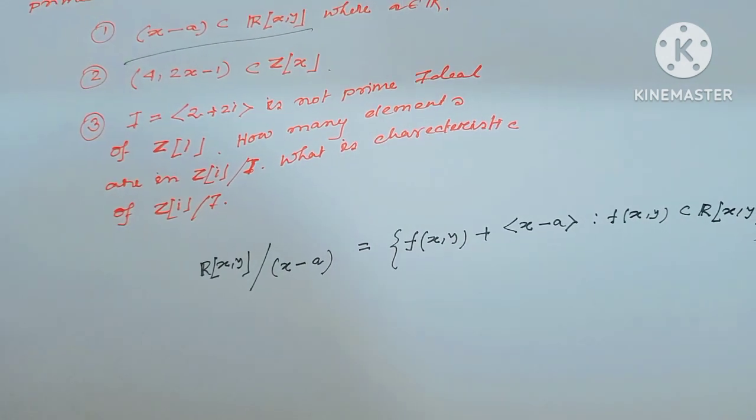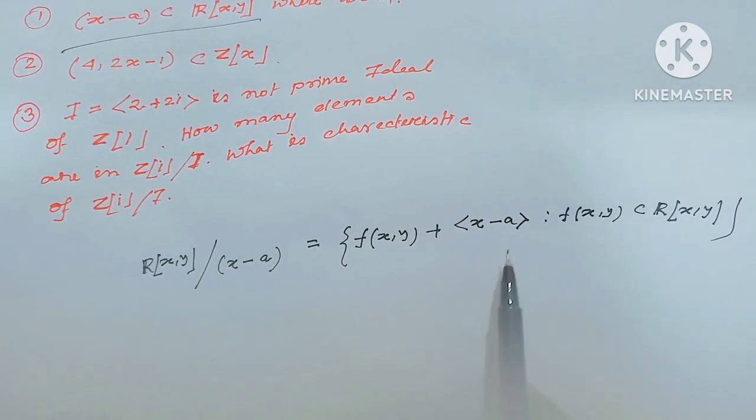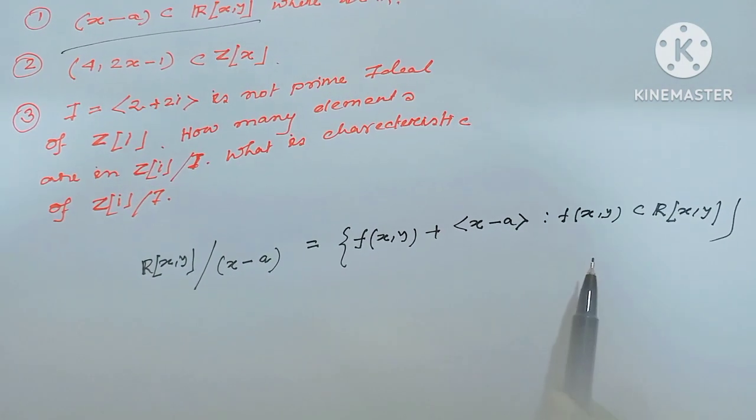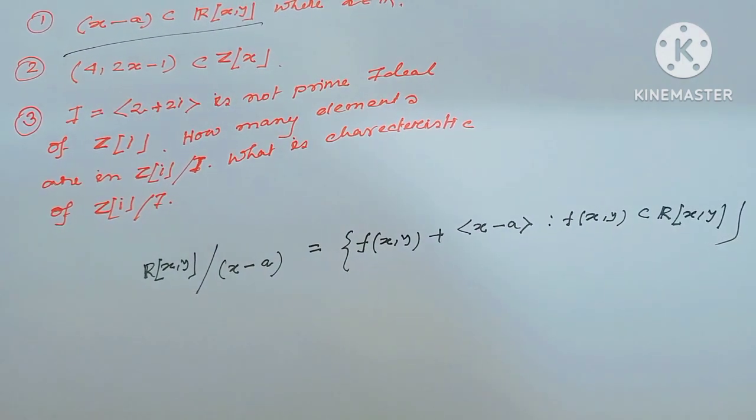Obviously this means the set containing the elements f(x,y) plus the ideal generated by x minus a, where f(x,y) belongs to R[x,y].